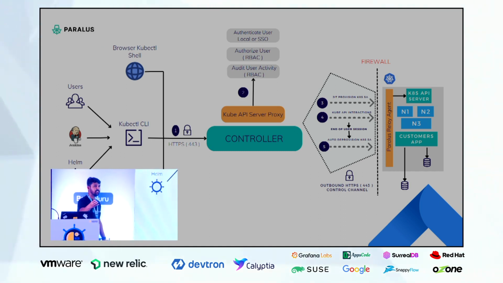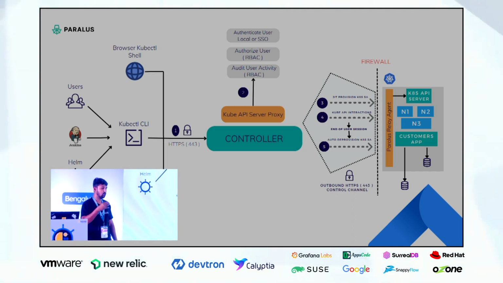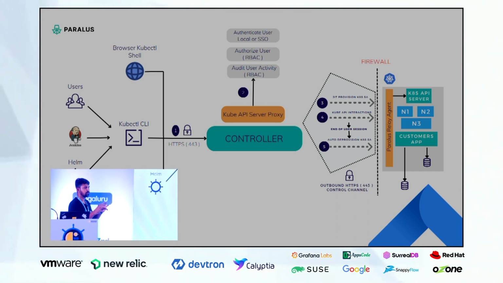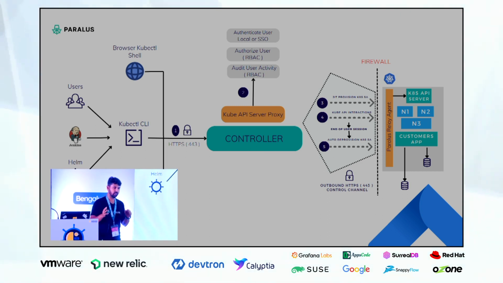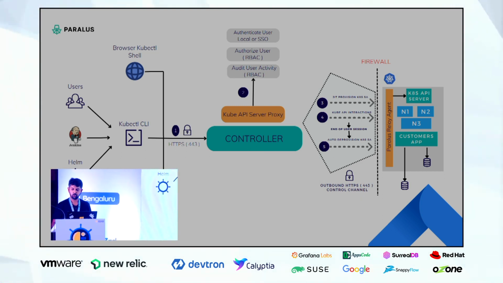And now the agent is responsible to actually dial out all the connections, and it talks to the Paralus core, which has all the ZTKA principles baked in. So it ensures that all the interactions go only through a long-lived Unix socket connection, right? So this is what it is.